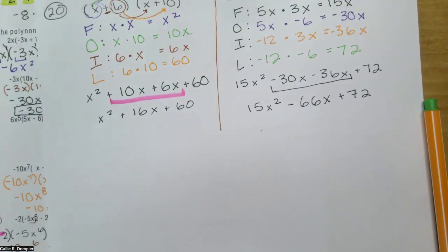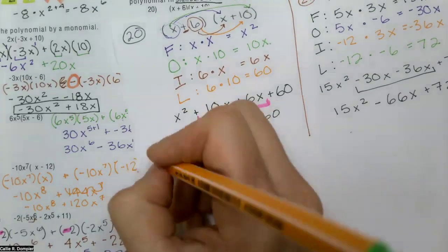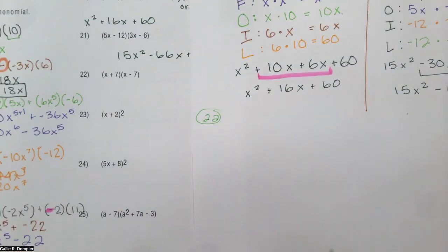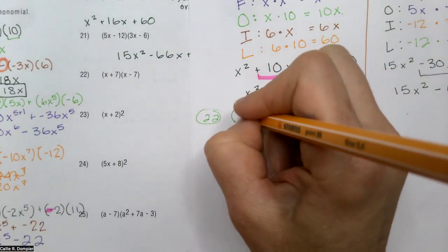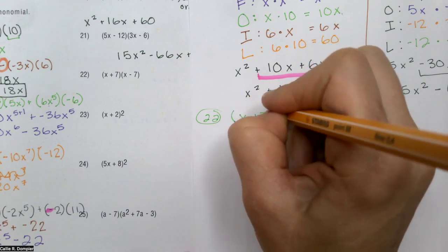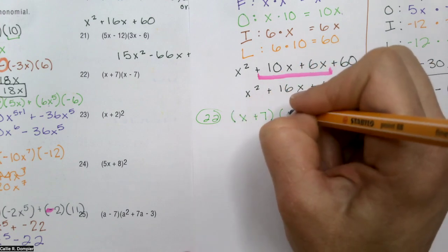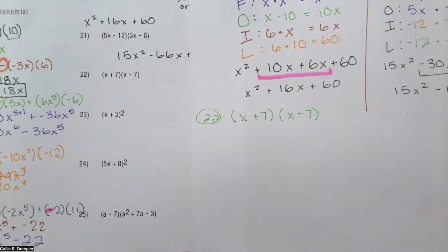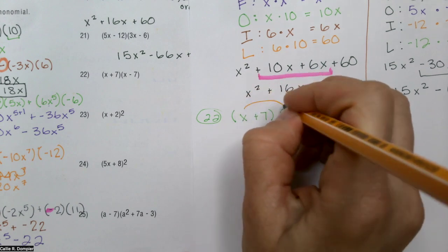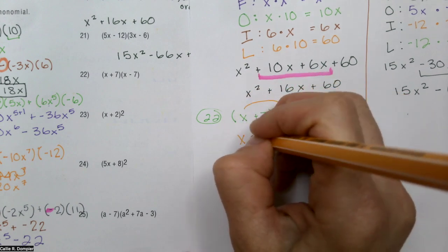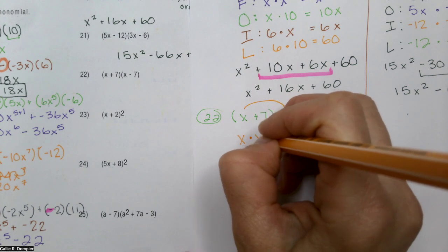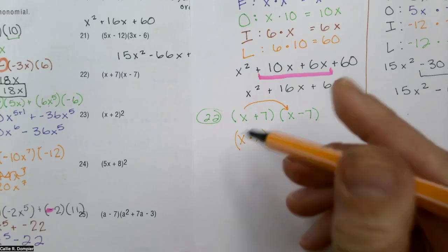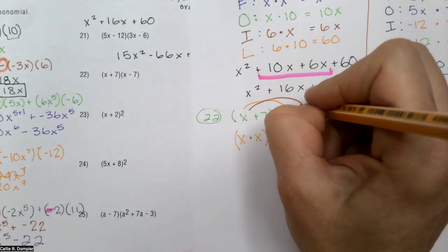All right, for number 22, I might do FOIL, but without all in a line. So we're going to FOIL or multiply the quantity x plus 7 times the quantity x minus 7. I'm just going to go in order. X times x is first. Outside is x times -7.